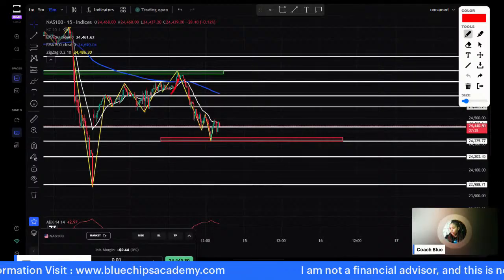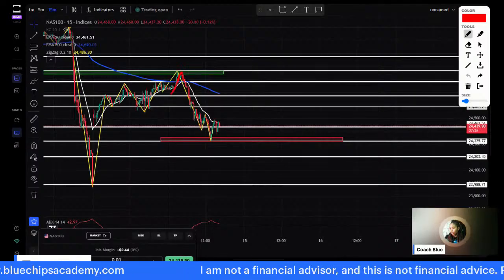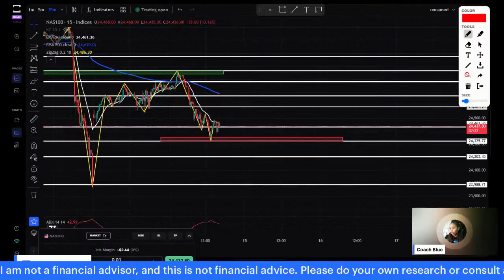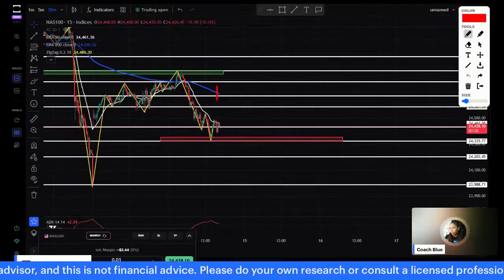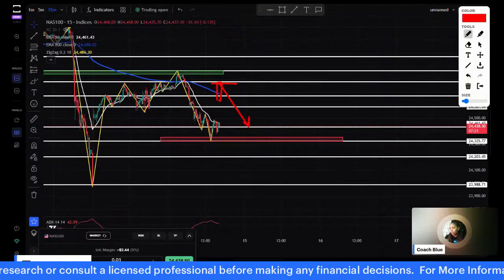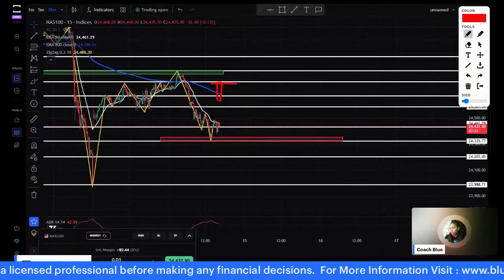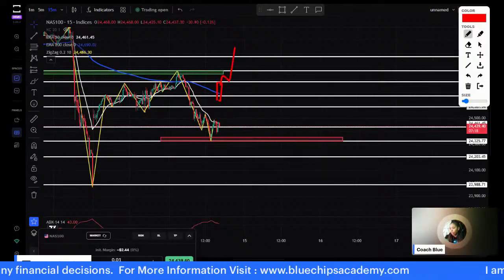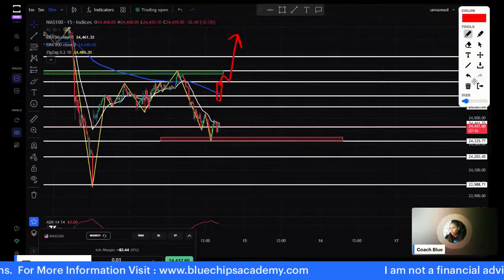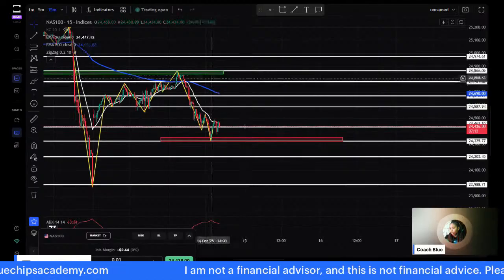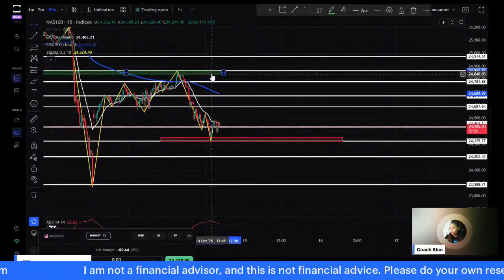We can see in this instance here, price broke through the 200, but then it came back down, so it used it as a resistance. So when we get to this 200, we don't want to get into a buy and have it use the 200 as resistance, and now we're going in the opposite direction. We want it to break through and then give us the BPC to show us that it is moving in the right direction.